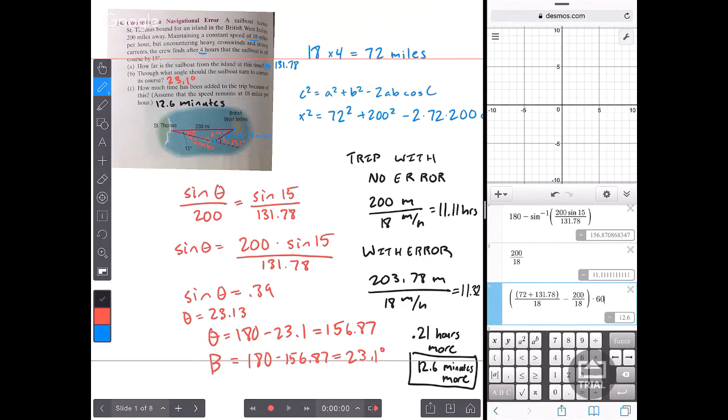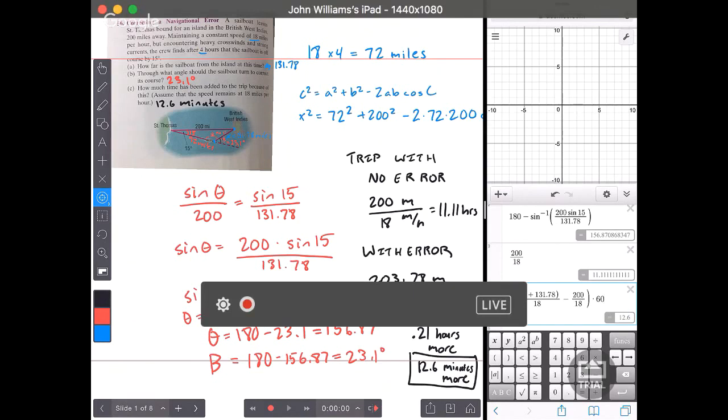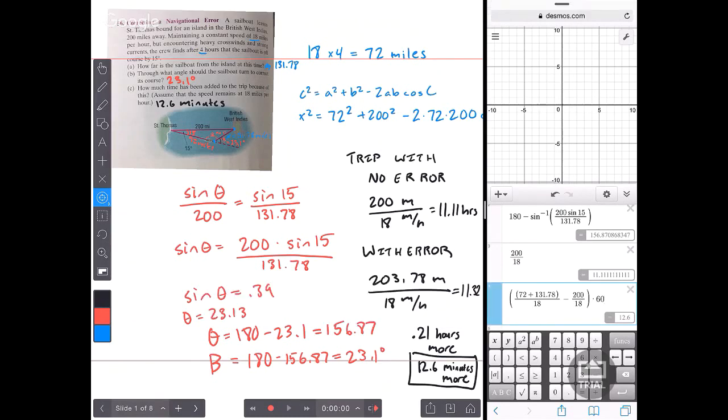Cool. That was 56. Any questions on 56? How did I get 203.78? Well, to get 203.78, you can see over here in the Desmos, I did 72 miles plus 131.78.